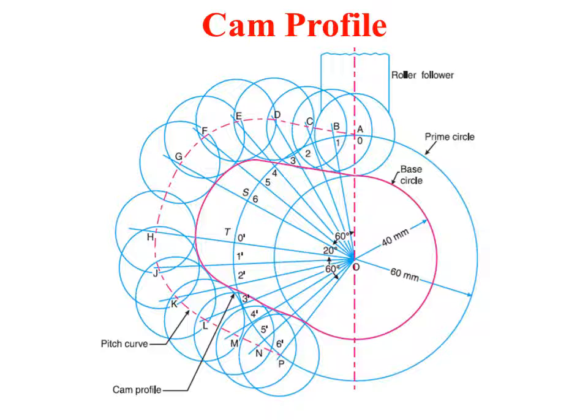Once the circles have been drawn, join the bottom of all the circles with a smooth curve to the base circle. Now that is what is called the CAM profile. We need to join the bottom of all the circles to the base circle. So that represents the CAM profile. So this completes the problem.